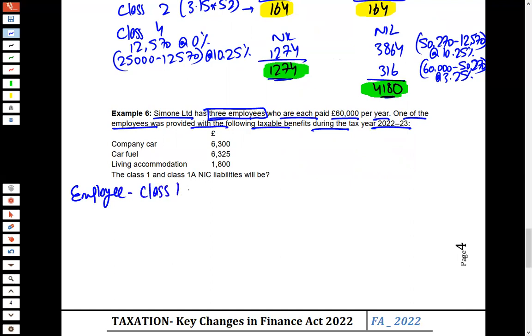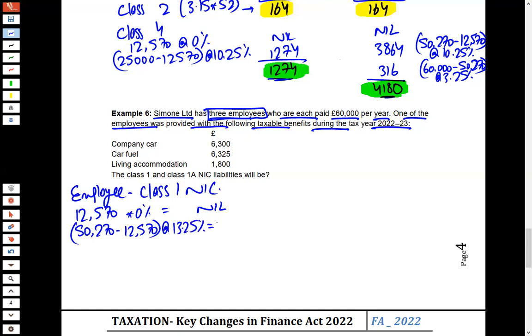employee class 1 NIC. Employee class 1 NIC up to 12,570 is 0%, which translates into nil. Then 50,270 minus 12,570 at the rate 13.25% is 4995.